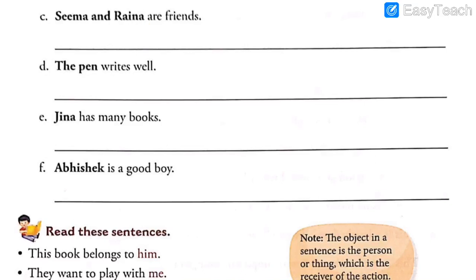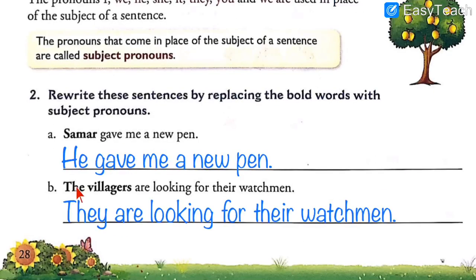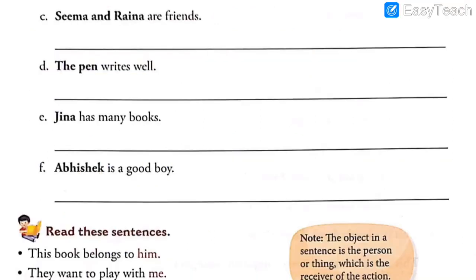So again, like the previous sentence, the villagers, it is plural, so we used the pronoun they. Similarly, in this sentence, it is plural because we are talking about two people. It is not about any one person. It is about two, Seema and Raina. So it is plural and so again we have to use the pronoun they and write the answer.